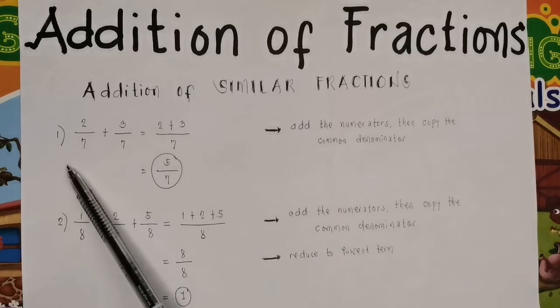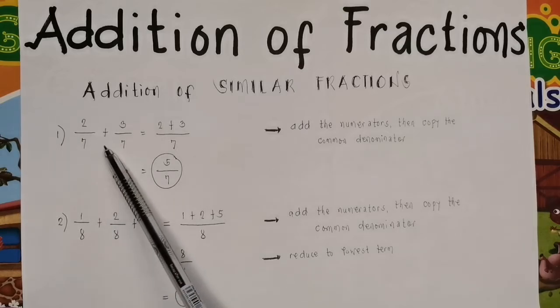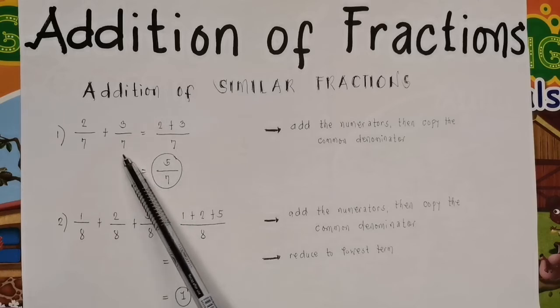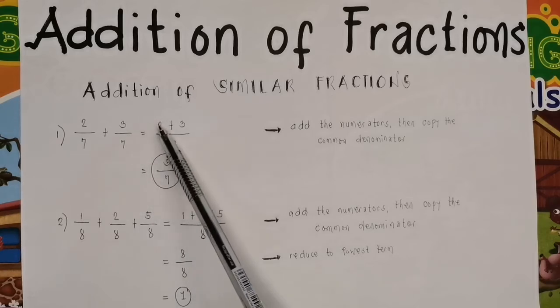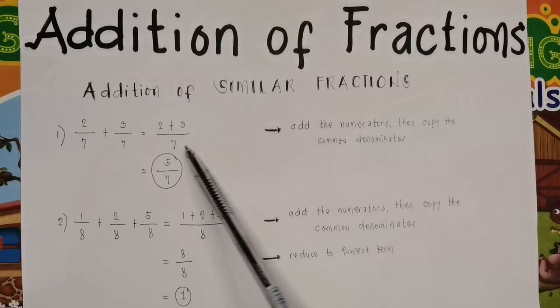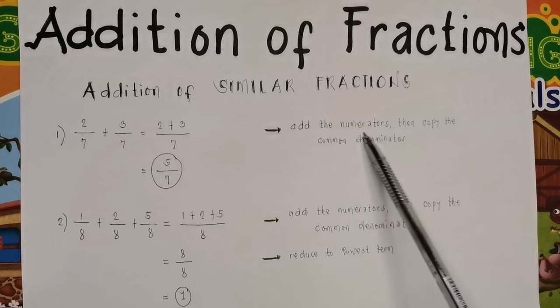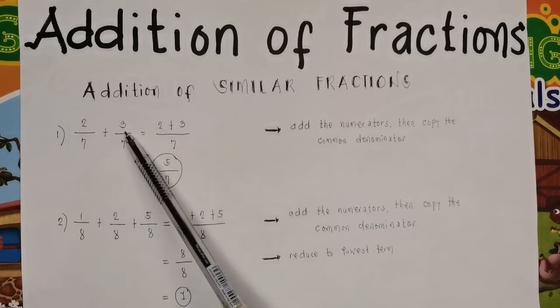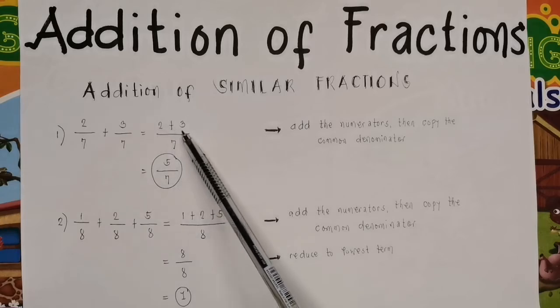Example number 1, 2/7 plus 3/7 is just equal to 2 plus 3 over 7. Why? Okay, we'll simply add the numerators. The numerators are 2 and 3. So we have 2 plus 3.